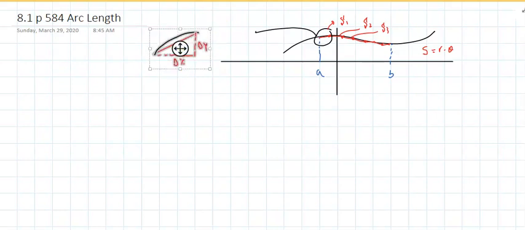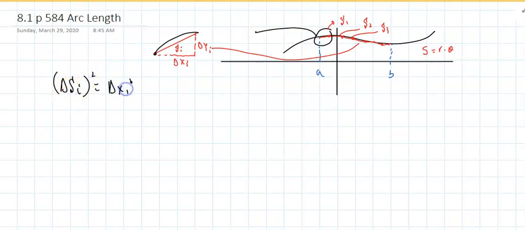For now, I'm going to use my Pythagorean theorem. Let's say I pick this to be the ith piece, not necessarily the first. I could go 1, 2, 3, 4. So if I want to figure out delta s sub i squared, that would be delta x sub i squared plus delta y sub i squared.